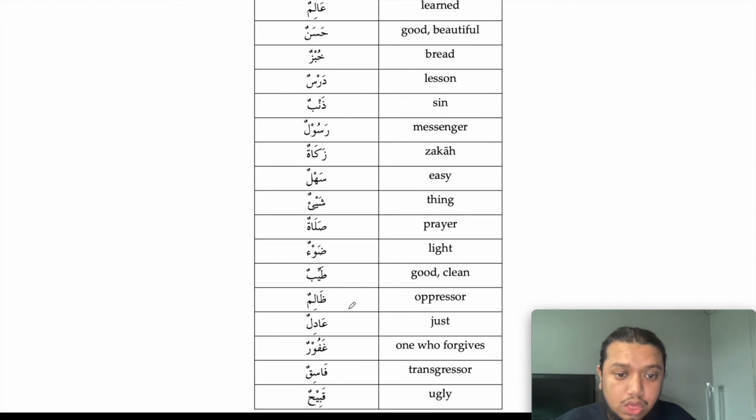Zalimun means oppressor. Adilun means just. Ghafurun means one who forgives. Fasiqun means transgressor. Qabihun means ugly.